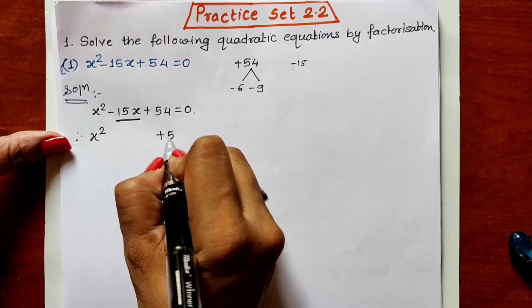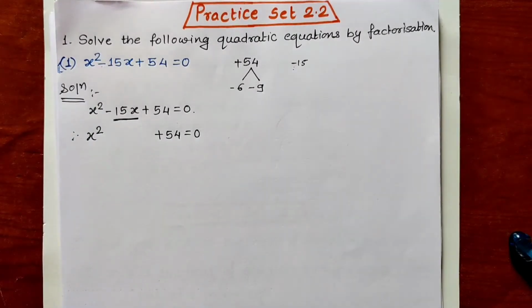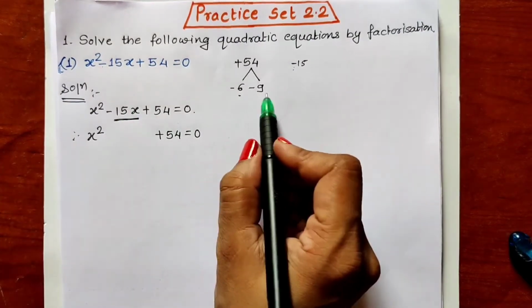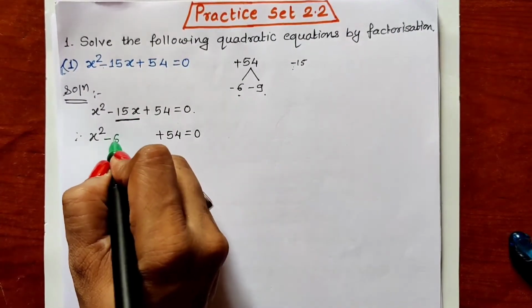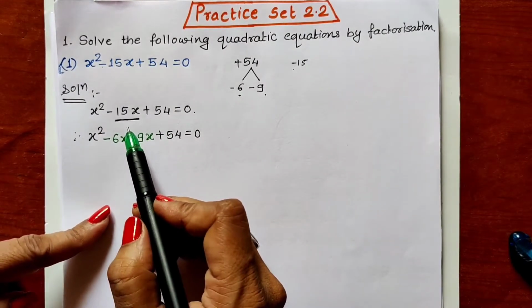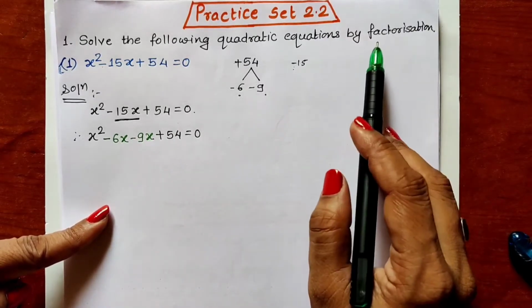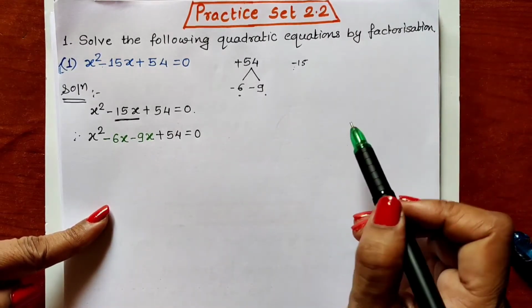Last term plus 54 as it is, equal to 0 as it is. Only in place of minus 15x we write these two terms, which are minus 6x and minus 9x. This is also known as the splitting the middle term method. In mathematical language we call it the factorization method.